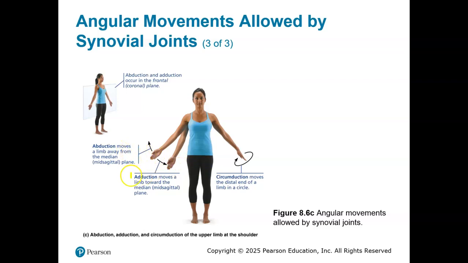For adduction, I always remember ADD is the word add: your arm is out here, and now you're adding it back to your body. Circumduction is when you draw a circle with your arm, and you can do it with the hip joint too, just not as well.